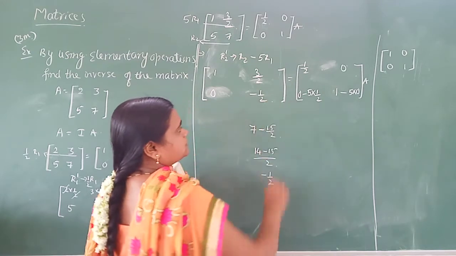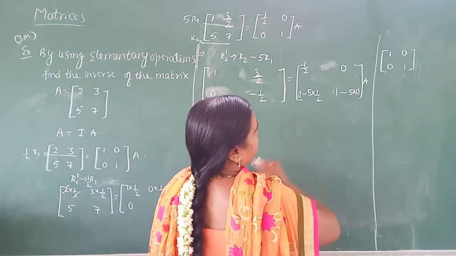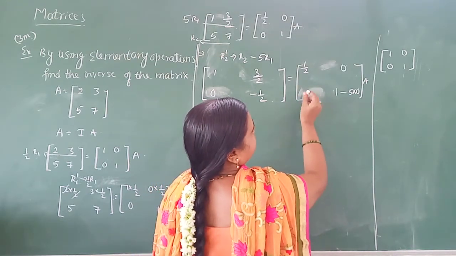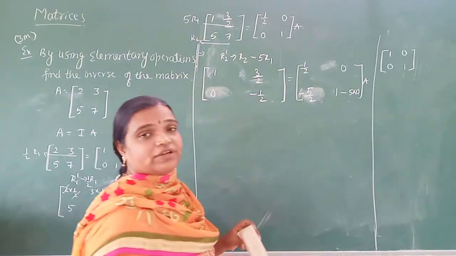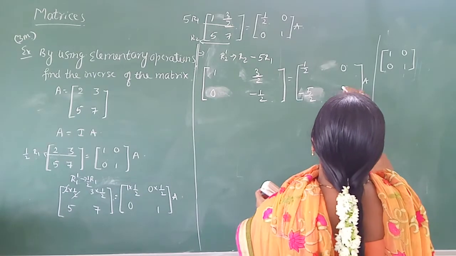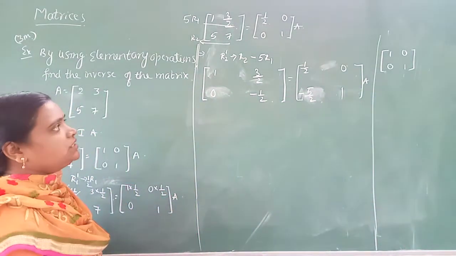After simplification, it is minus half. Next, minus 5 into half gives minus 5 by 2. And 1 minus 5 into 0 is 0 only, so 1 minus 0 is 1.